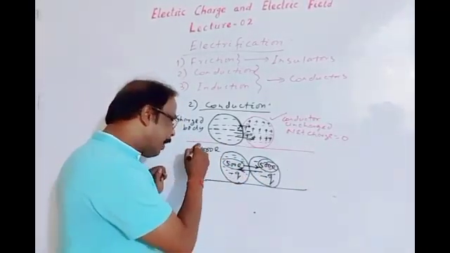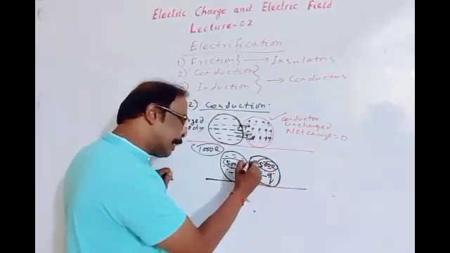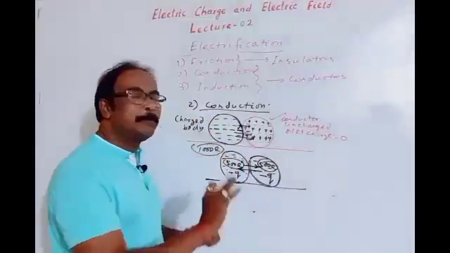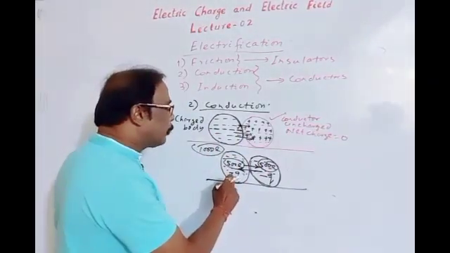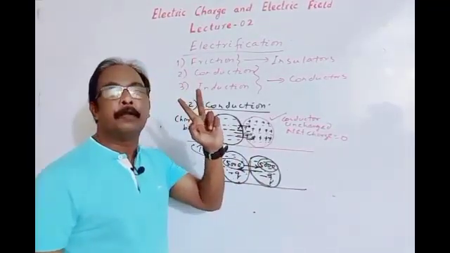So from 1000 electrons, if the shape of the body is the same, only 500 electrons can be transferred, and an equal amount and nature of charge will be developed.